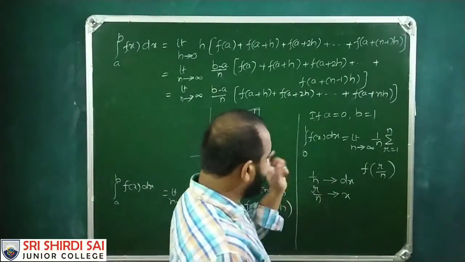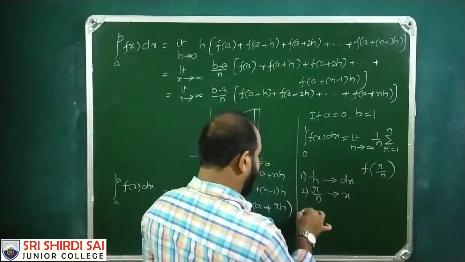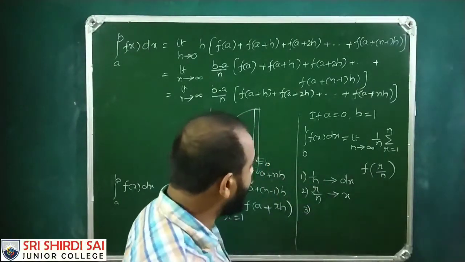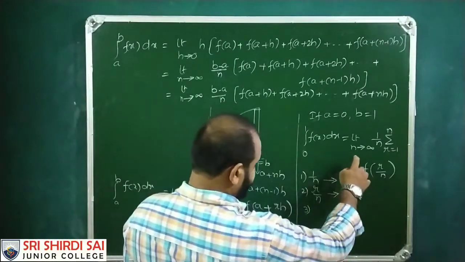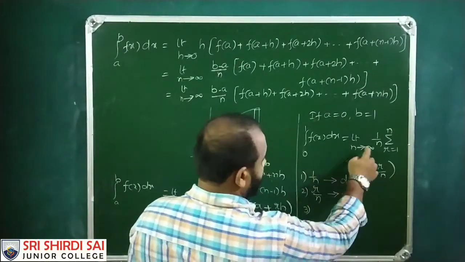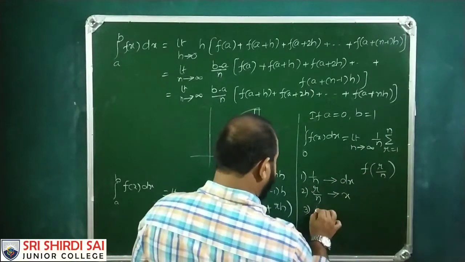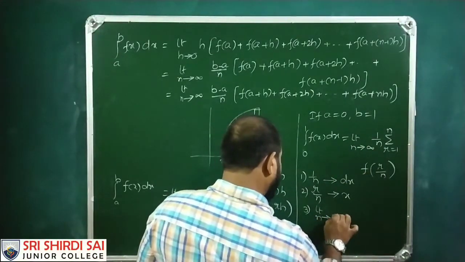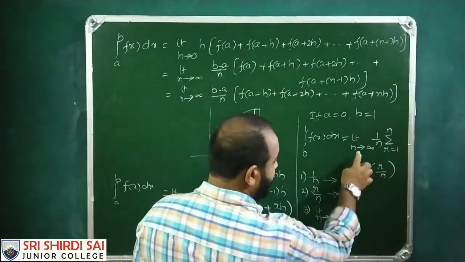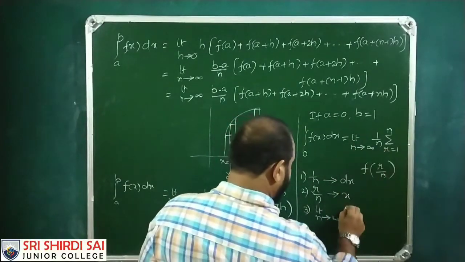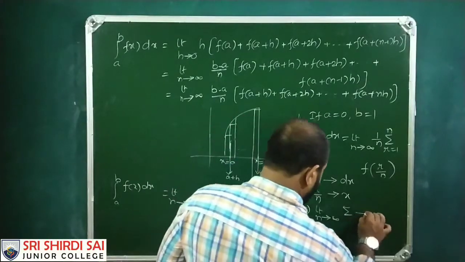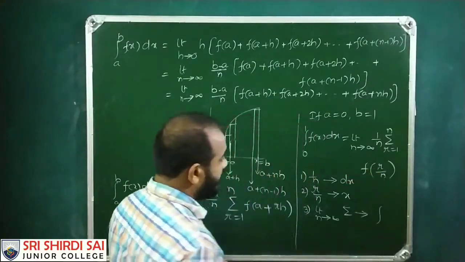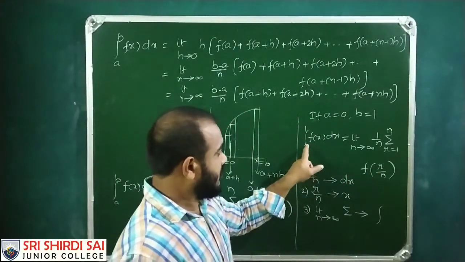This is the first one, this is the second thing, and the third one is the sigma with limit n tends to infinity, the sigma notation. This is nothing but the integral sum.